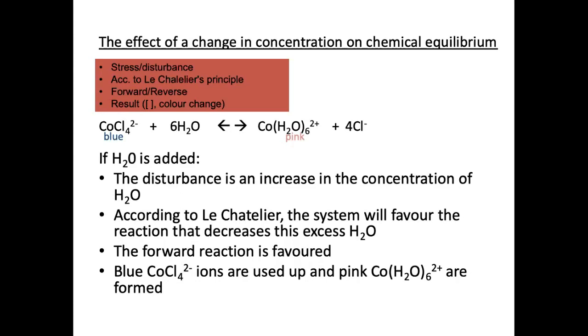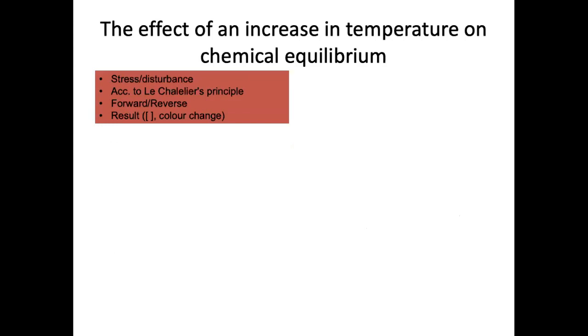Now let's look at another example. Say we take that same equation, the effect of increasing the temperature, a change in temperature on an equilibrium situation. So say they give you the same equation, CoCl4 2 minus plus 6H2O giving you Co(H2O)6 2 plus plus 4Cl minus, but they tell you that delta H is less than 0.